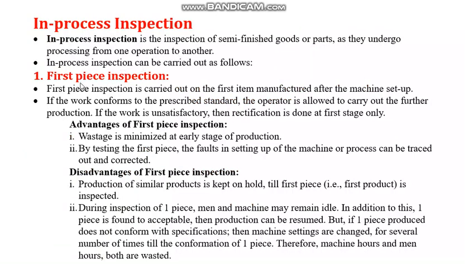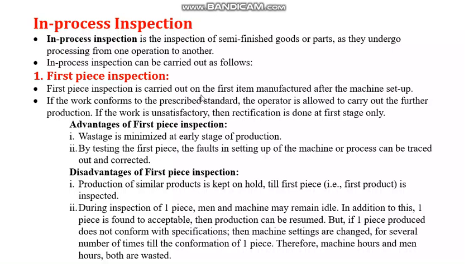In this, various types of inspection are there. Let us see the first piece inspection. The name itself says it is the first piece. That means, if you are making things for the first time, make the first piece and you do inspection. That is the first piece inspection.